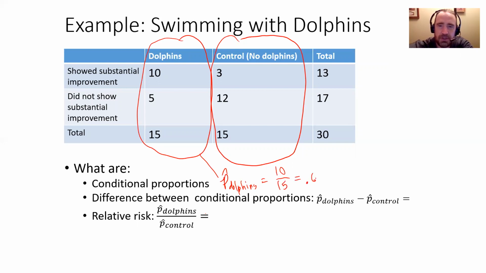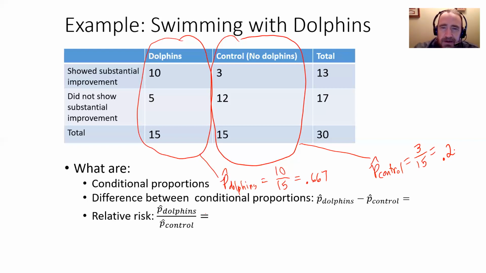That's a proportion of approximately 0.667. So that's one conditional proportion. The other one is the proportion of success for my control group, where there were no dolphins. And here I saw 3 out of 15. And that is a much smaller proportion of success. That's 0.2.